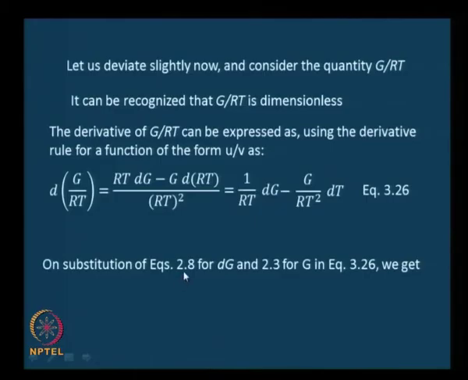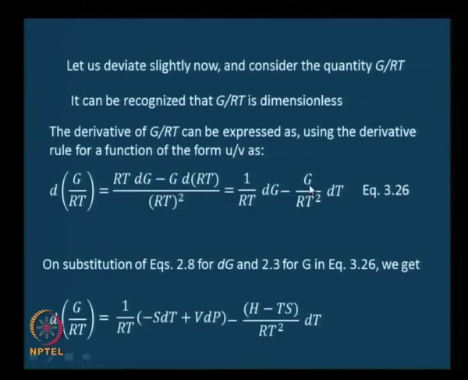In other words, we are going to use equation 2.8 for dG and 2.3 for G. If we use these two equations in 326, dG by RT equals 1 by RT times dG, which for a closed system is minus S dT plus V dP, minus G, which by definition is H minus TS, that is equation 2.3, divided by RT squared dT.